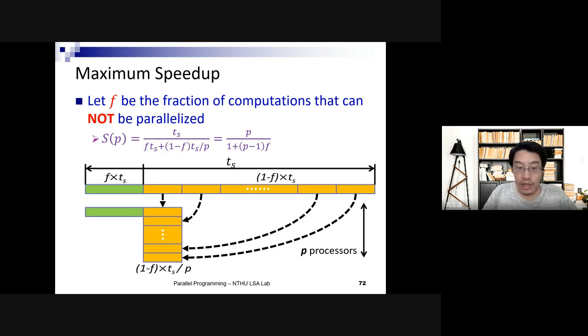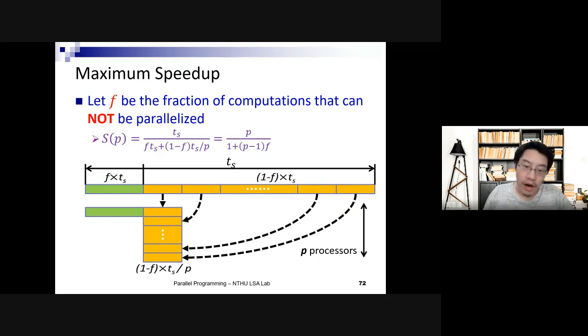So one way to see it is like we're showing here. We usually consider dividing the program into two parts. One part is the code that cannot be parallelized. For example, maybe the code for initialization, or the code for I/O, or the code that has a race condition that cannot be run in parallel, right?